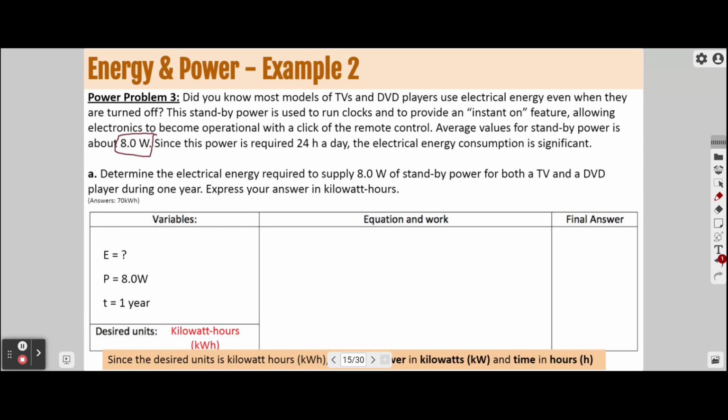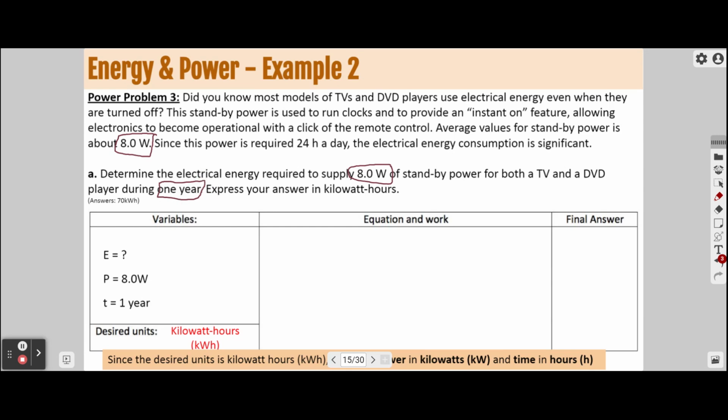Since this power is required 24 hours a day, the electrical energy consumed is significant. Determine the electrical energy required to supply 8 watts of standby power for both a TV and DVD player during 1 year. Express your answer in kilowatt hours.